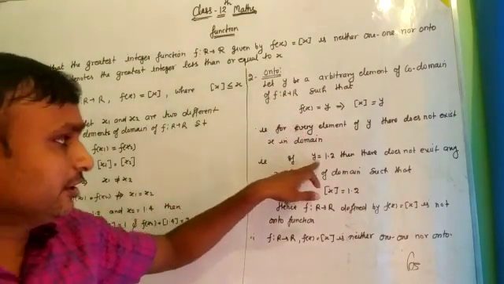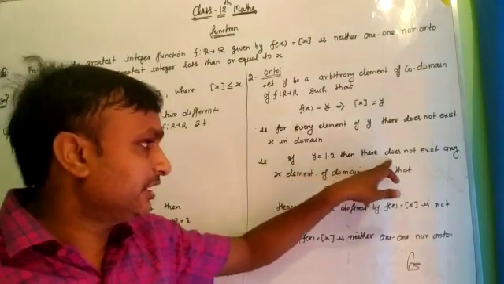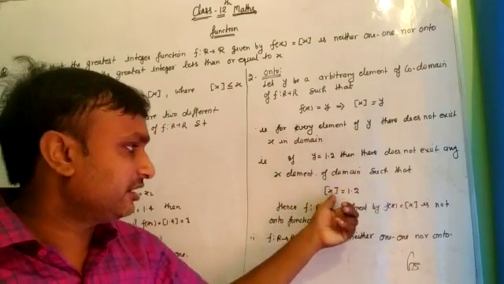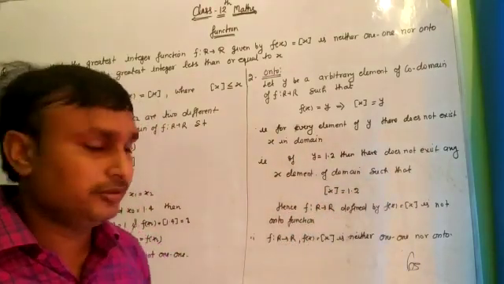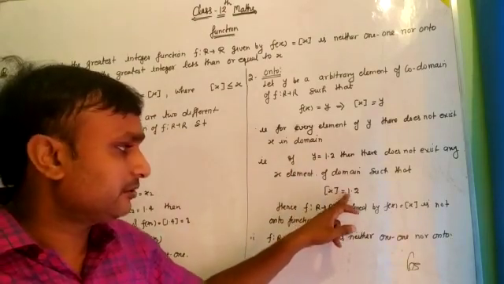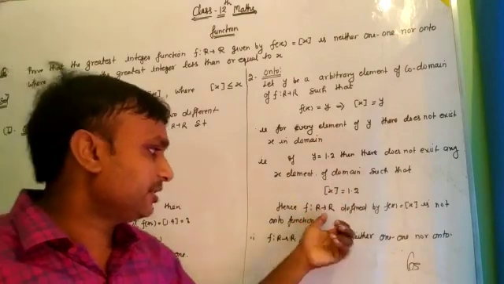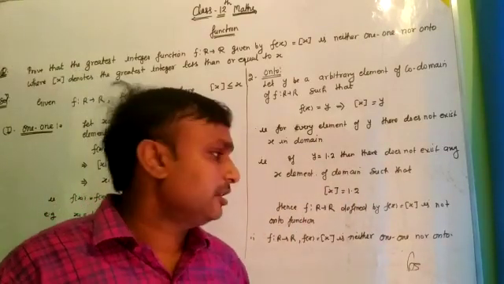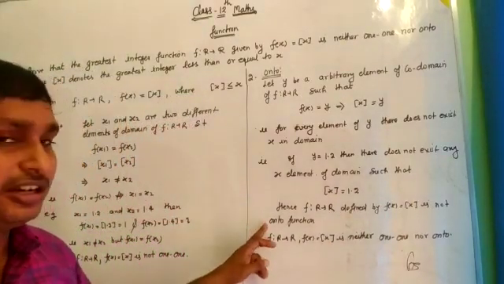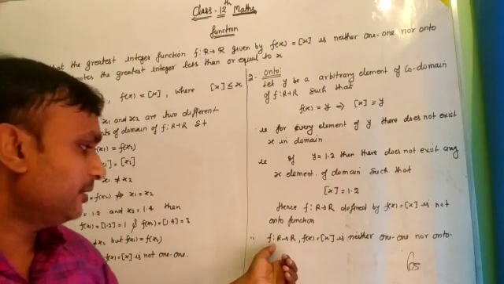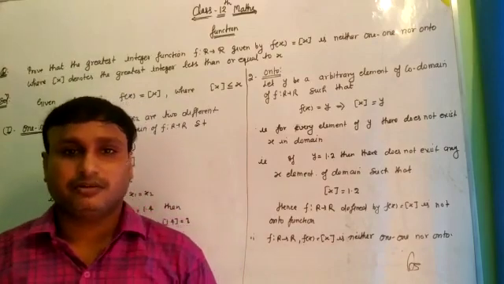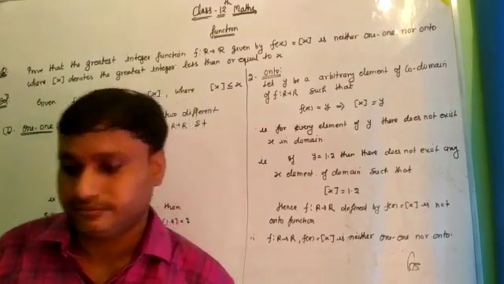For example, if y = 1.2, then there does not exist any x in the domain such that [x] = 1.2. That is, for no value of x is the greatest integer function equal to 1.2. Hence, f: R to R defined by f(x) = [x] is not onto. Hence, f is neither one-one nor onto function.